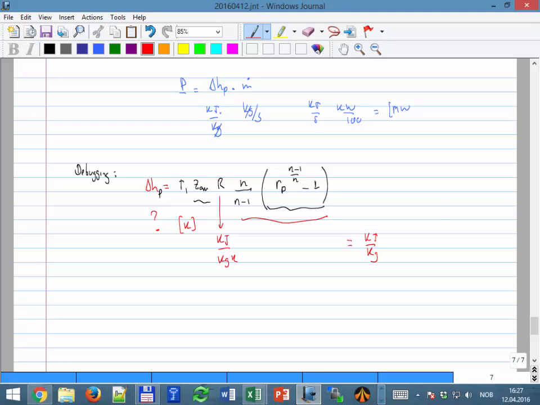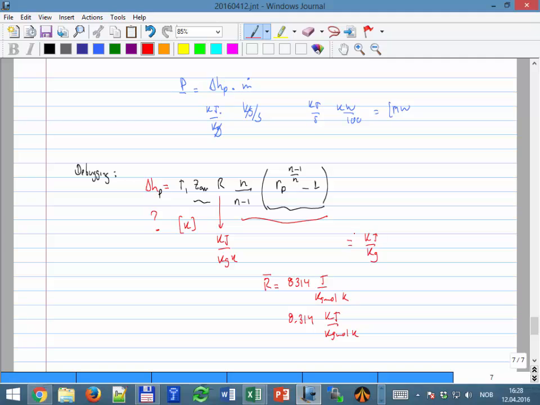kilojoule per kilogram, right? But it depends how we introduce the R. If R is the universal constant, if it's 8314, that's in joule per kilogram mole Kelvin, right? But if it's 8.314, that's kilojoule per kilogram mole Kelvin.